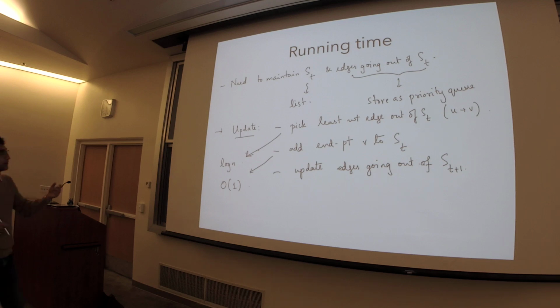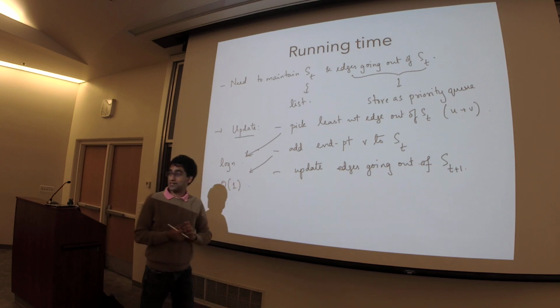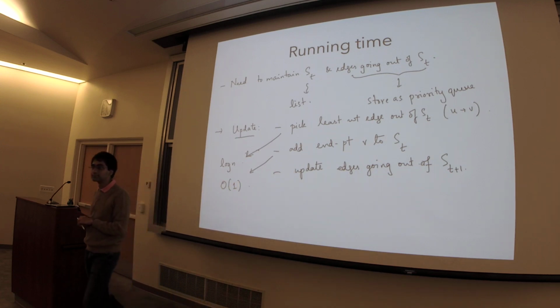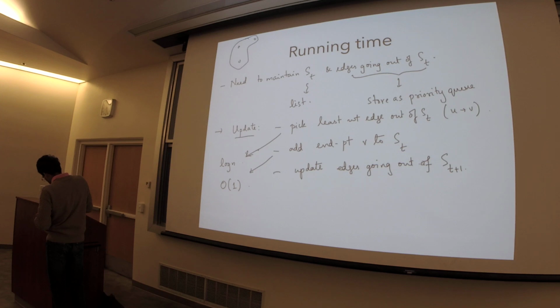So these two steps are easy. Now how do we update the edges going out of ST? Because what's going on, right? Here you have some ST. You've added a new V to it.